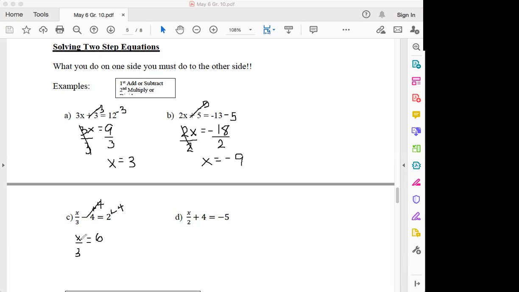Now, because this is being divided at the moment, we have to do the opposite. So we're going to times 3 on both sides. This cancels out. So then 6 times 3 is 18.